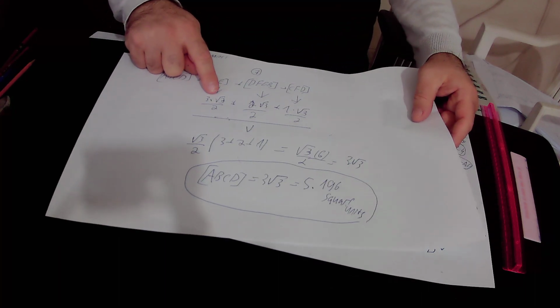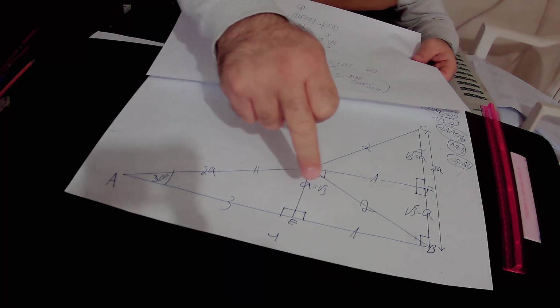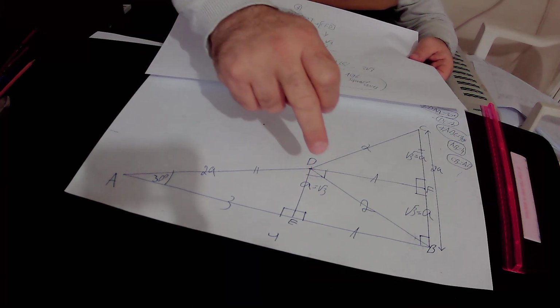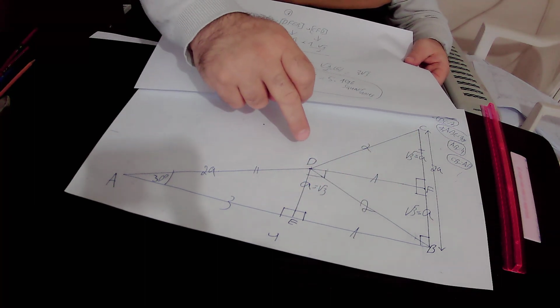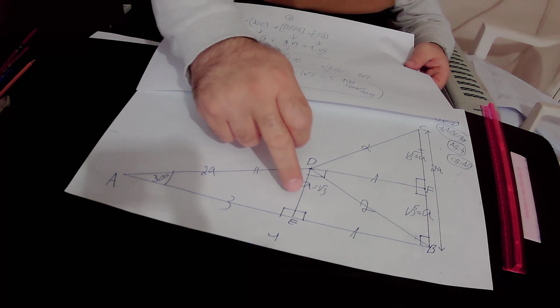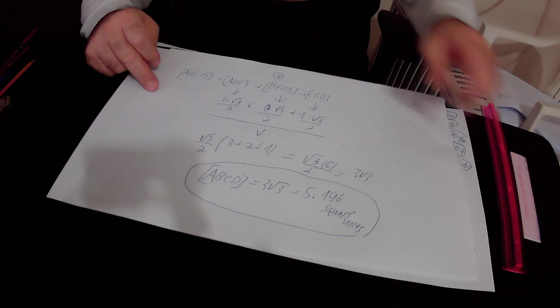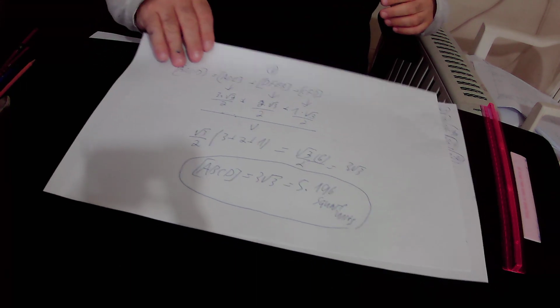So it is 3 times square root of 3 over 2, plus the area of rectangle DFEB, that is DE times FB. DE is square root of 3, and EB is 1, so it is actually square root of 3 square units, plus the area of the right triangle CFD.